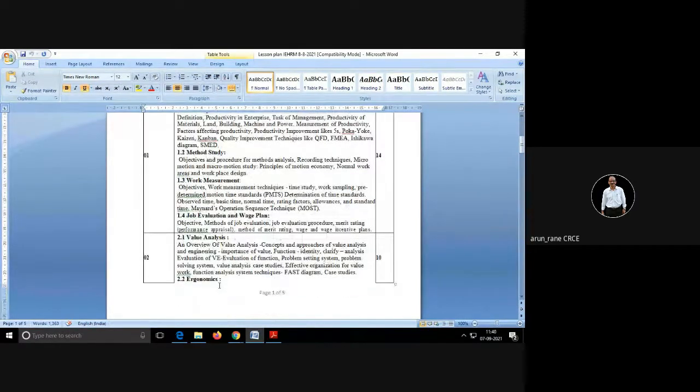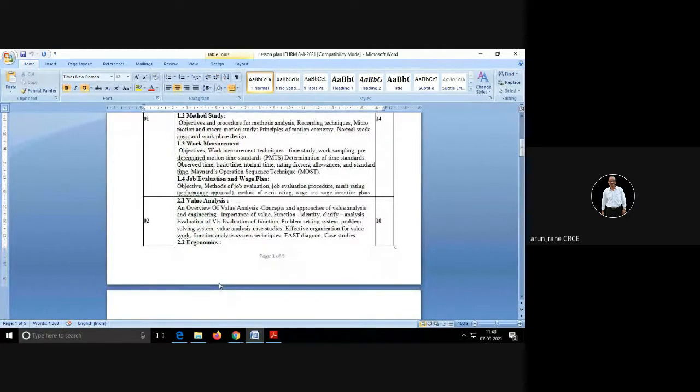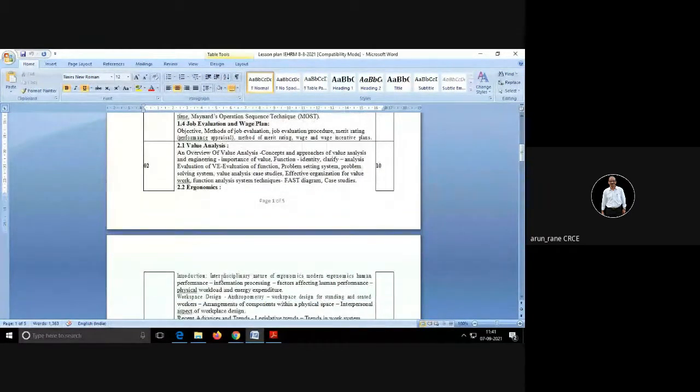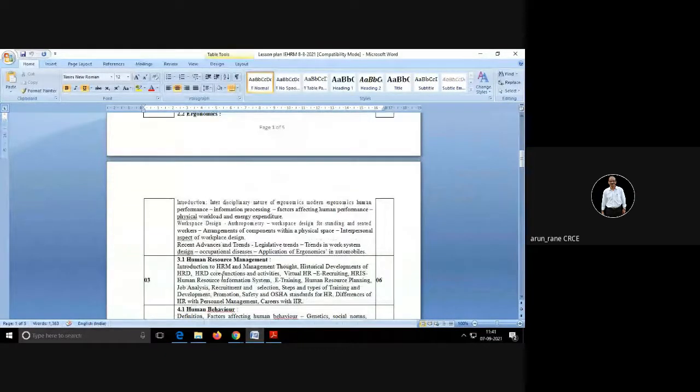Value analysis, value engineering, ergonomics, especially ergonomics has wide applications in automobile vehicle assembly lines. Then most important was PMTS, 5 to 10 marks. That is manual operation sequence techniques, and OSHA standard, that is occupational health.